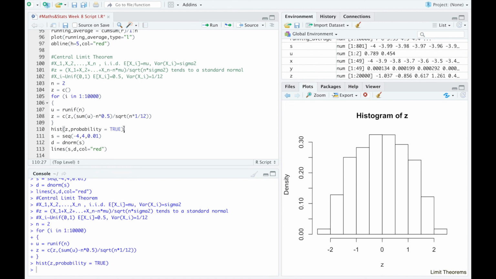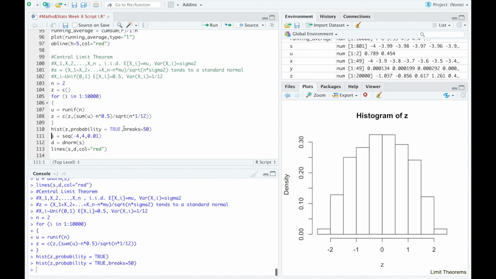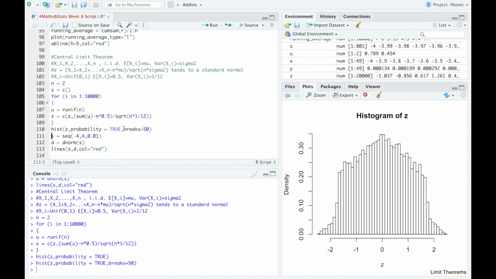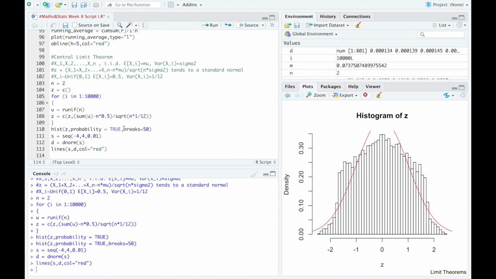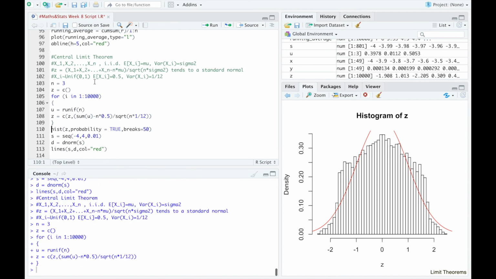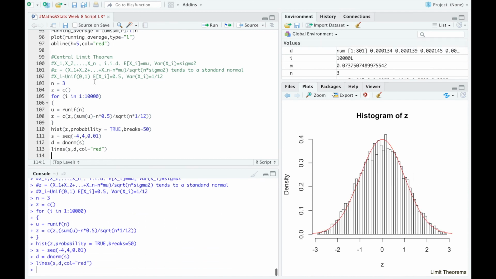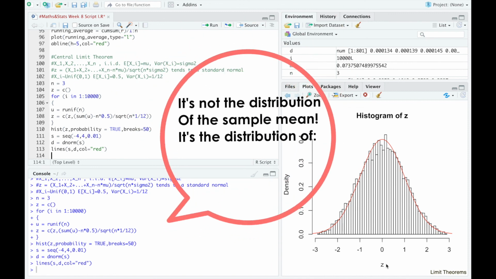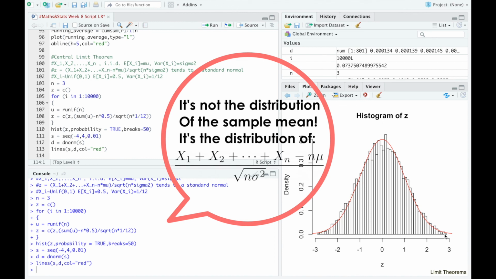This looks much better already. So breaks equal 50. I mean, slightly better, I'd say. This resembles a normal distribution more, and you can experiment, but really with n equal to 3, the similarity between the distribution of the sample mean and a standard normal distribution is really surprising, I think.